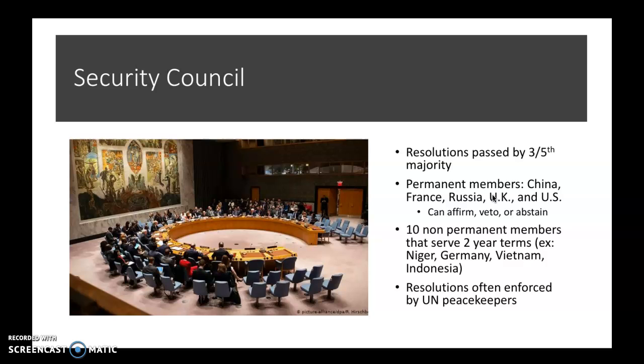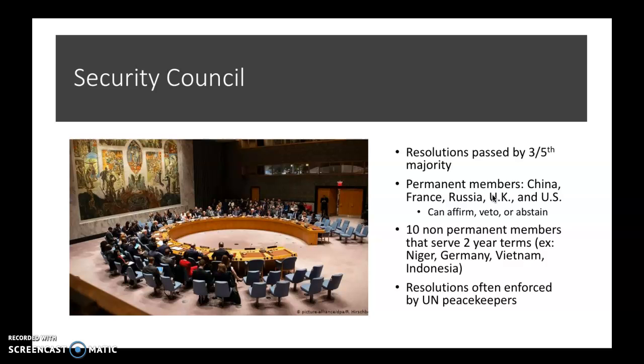I want you to notice, what do all of those countries have in common? Well, those were the winners of World War II, or at least these particular countries were not devastated by the fighting that happened in World War II. And lastly, these countries had nuclear weapons at the end of World War II.